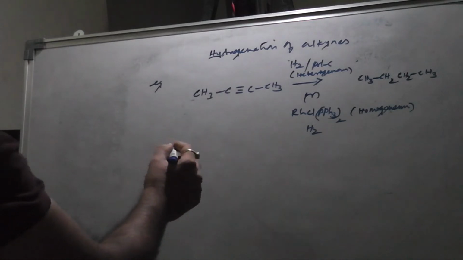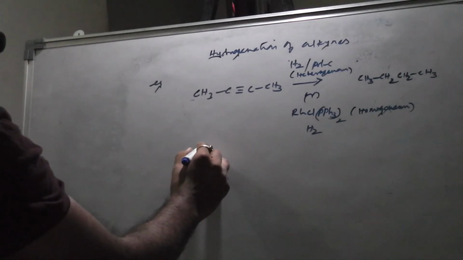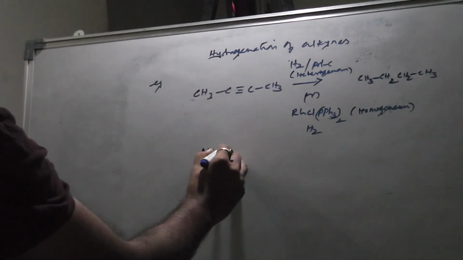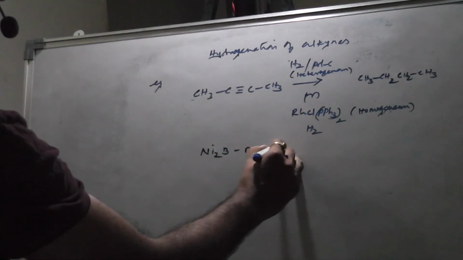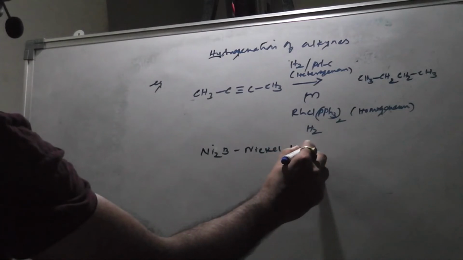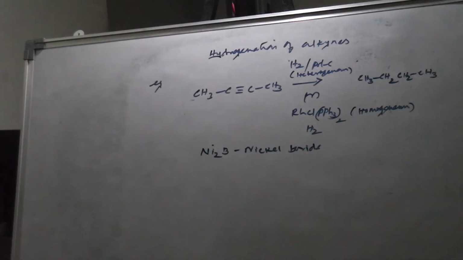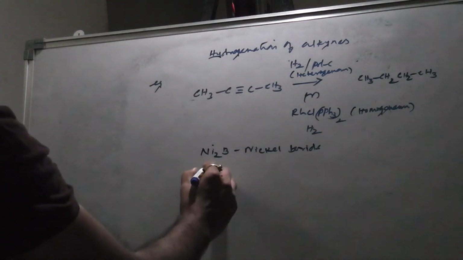Another interesting catalyst that has been reported is Ni2B, called nickel boride. This also reduces the alkyne to cis olefin.